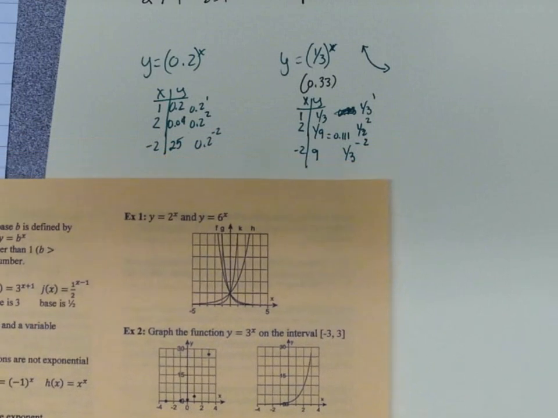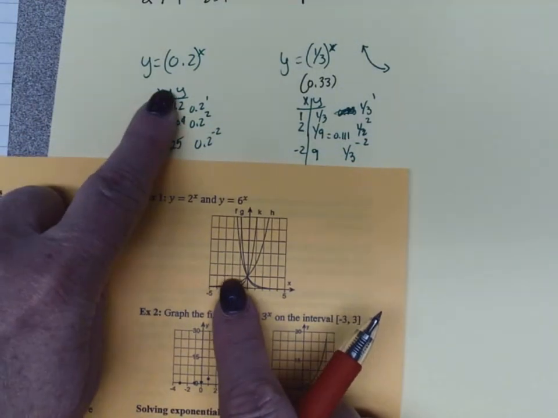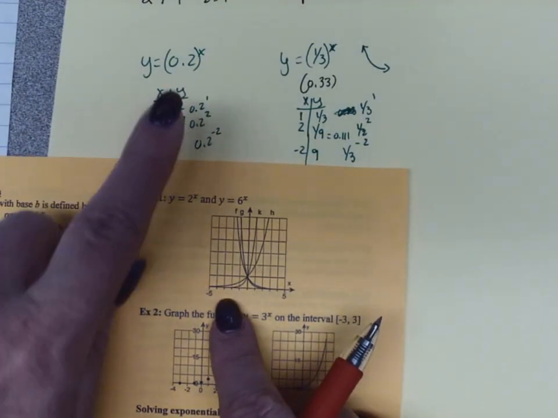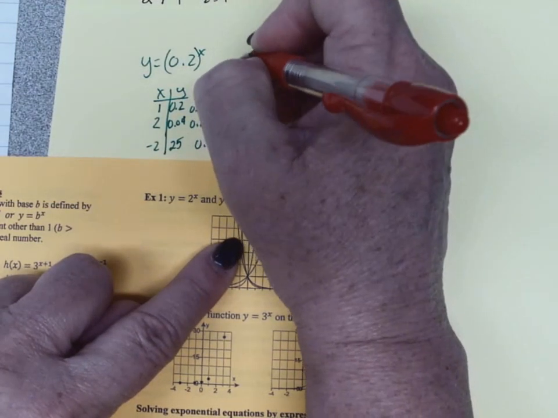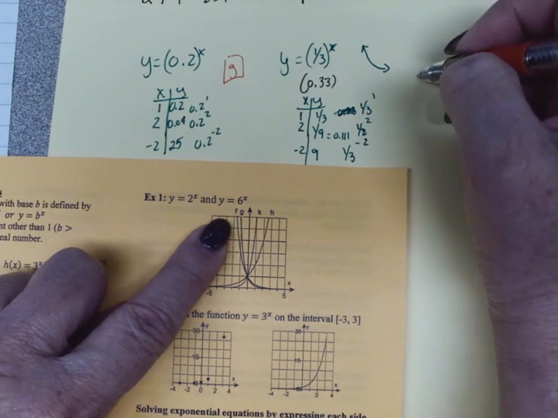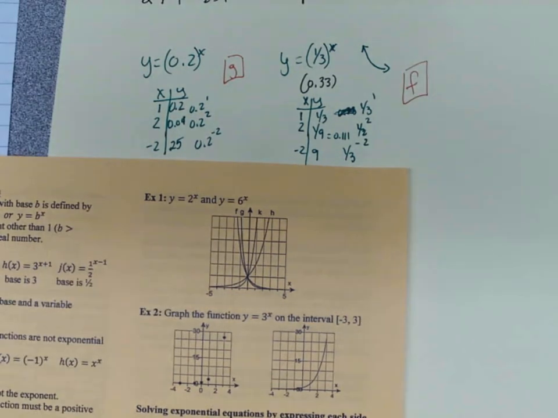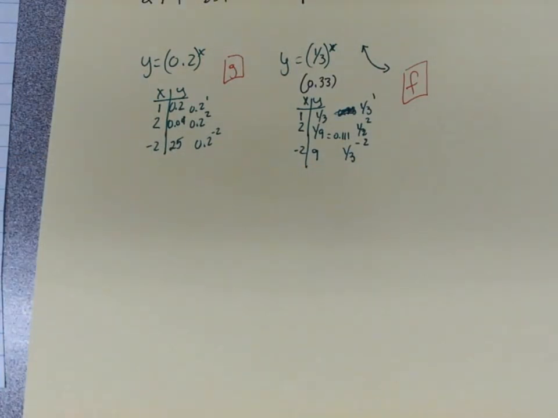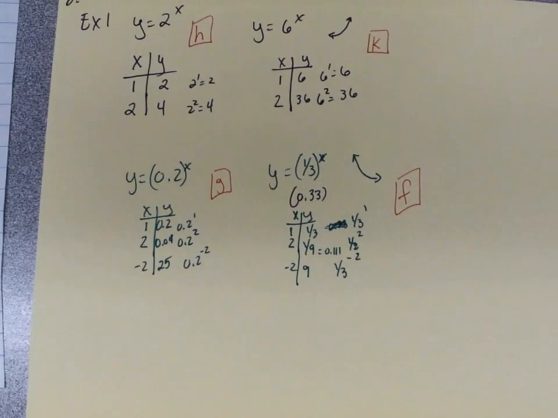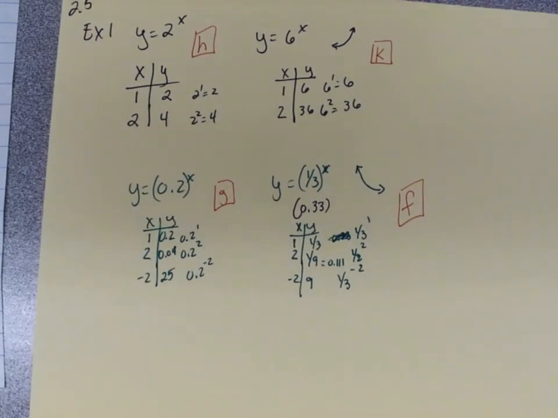On this one, the 0.2 is going to be the steeper graph, so it's going to be graph G, versus this graph will be graph F. So here we're just starting to understand what is happening with our exponential functions depending on what our base is and what we raise it to. All right, let's go look at example 2.